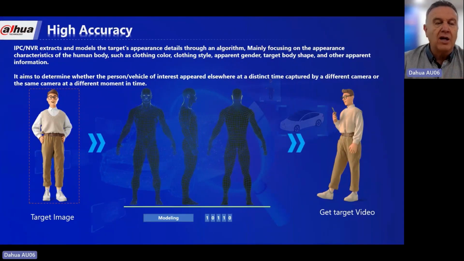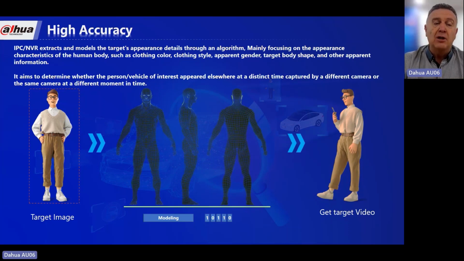It is highly accurate. The IPC and NVR embedded functionality of AcuPick extracts and models the target's appearance details through the algorithm, mainly focusing on the appearance characteristics of the human body, such as clothing color, clothing style, apparent gender, target body shape, and other apparent information, all the human metadata that you've been used to up to now.